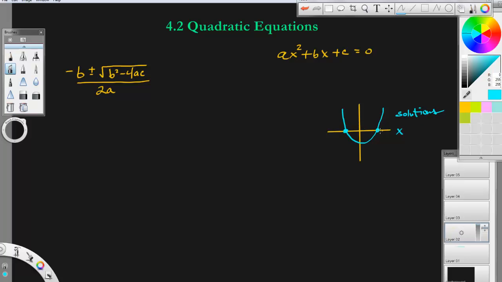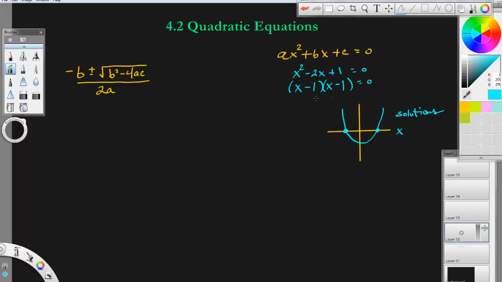And the way that you do that, there's several ways that you can solve it. You can factor it and solve it that way. But if you can't factor it, let me just make one real fast. Let's say I had x squared minus 2x plus 1, and I was doing something like that. Well, I could factor this into two binomials, (x minus 1)(x minus 1), and that's equal to 0.